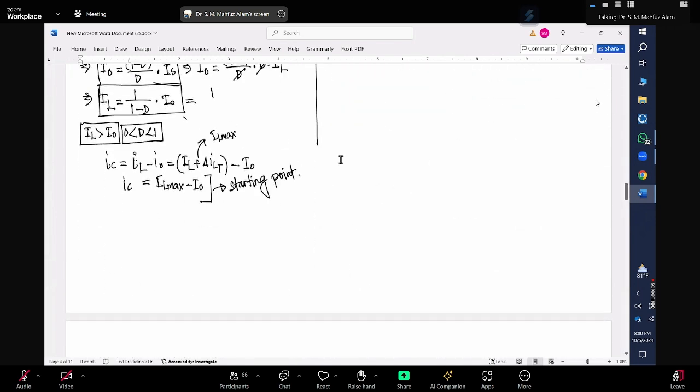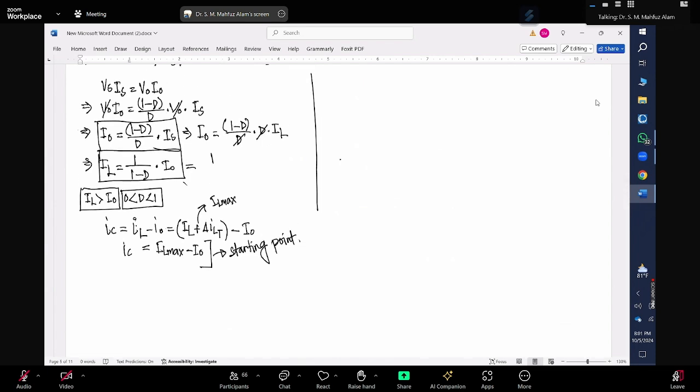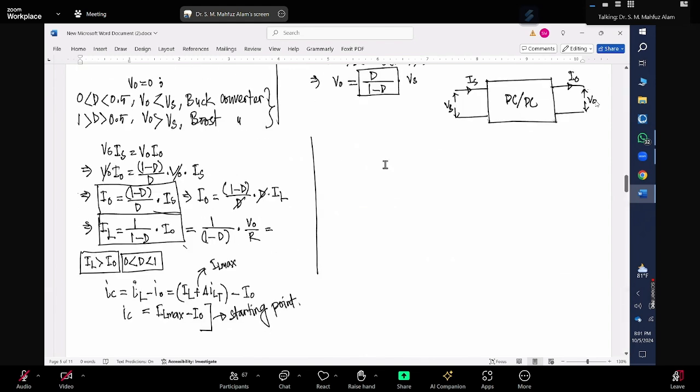Okay, so now for IL, if I want to rewrite this, what can we write? 1 minus D, what is my I naught? It should be V naught over R, right? So instead of V naught, what is the relationship between V naught and Vs?